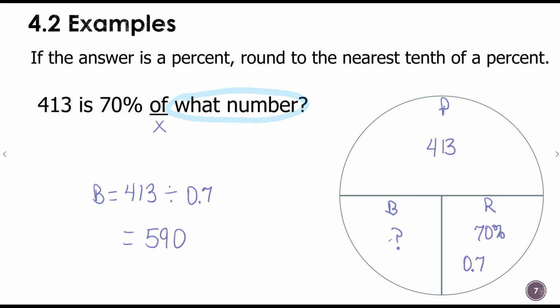So my base is 590. And you can check yourself. If you take 70% of 590, you'll get 413. So you can work it backward to see that, yes, that does work once you know the answer.